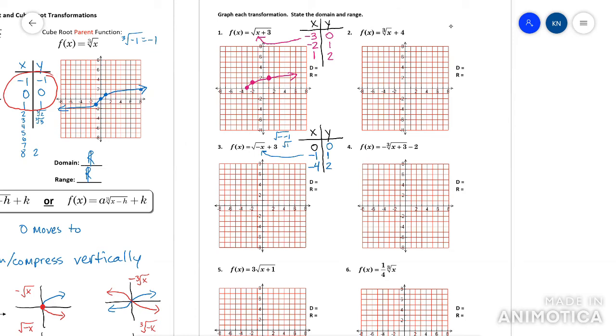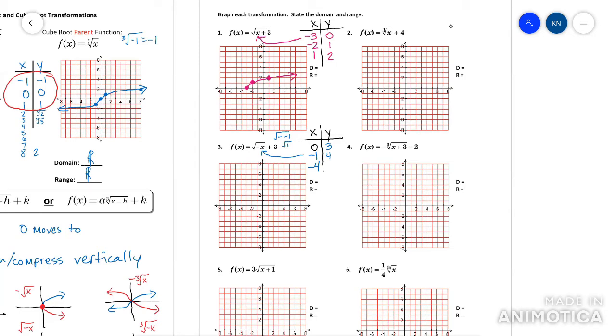So you would get these values with your y, but I'm forgetting to add the 3. Don't forget to add the 3 at the end as well. So none of these are right. It's just like root of -0, which is 0, plus 3 is 3. Root of -1, which is root 1, which is 1, plus the 3 is 4.